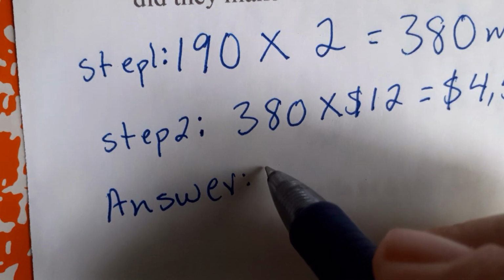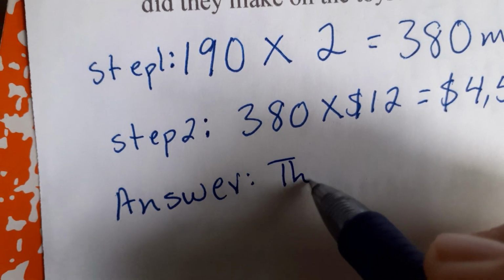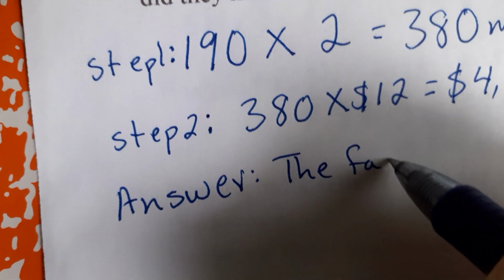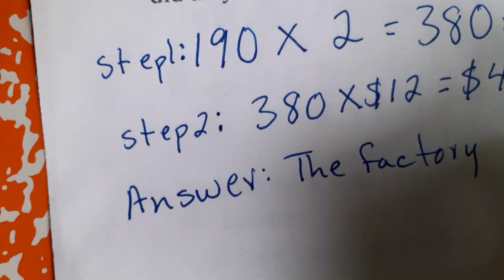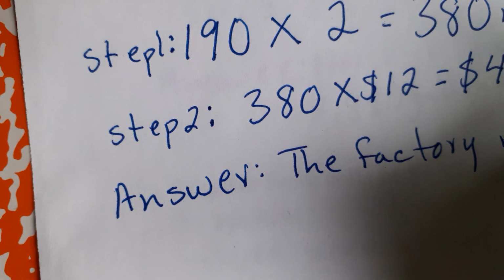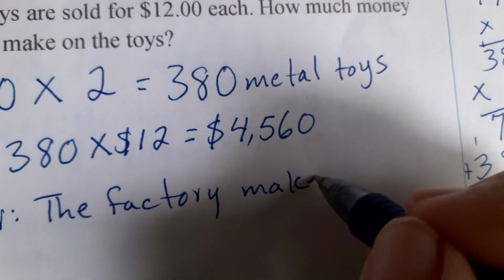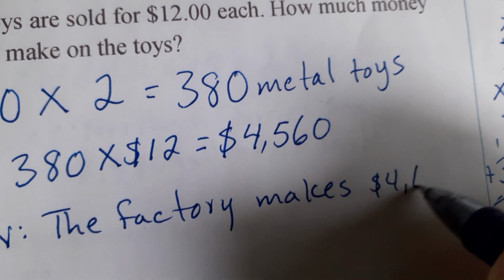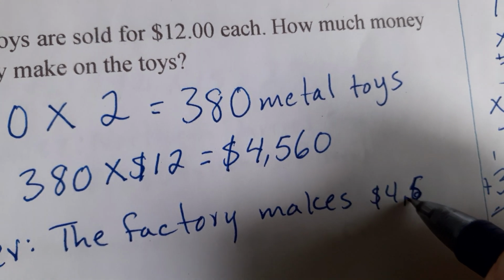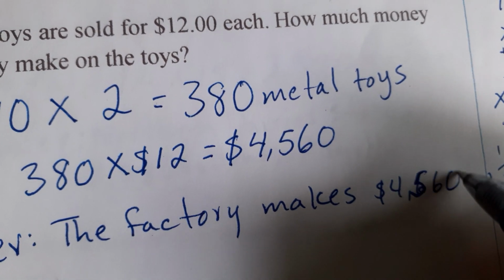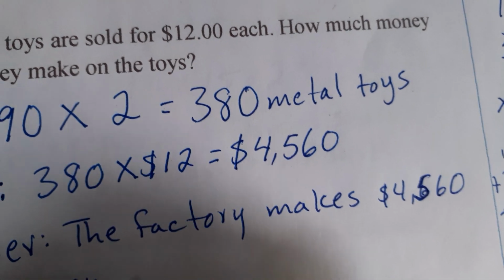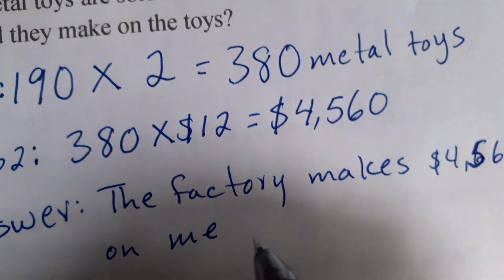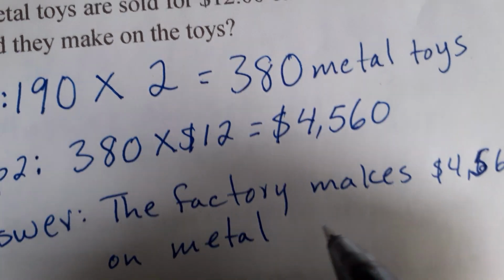So our answer, we write our answer now. Answer: the factory makes $4,560 on metal toys.